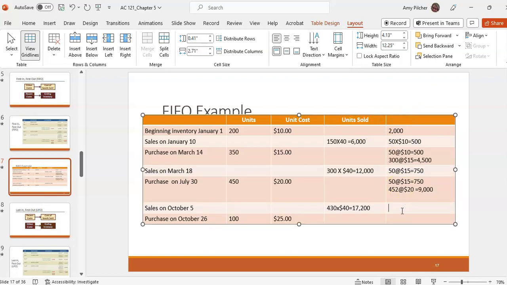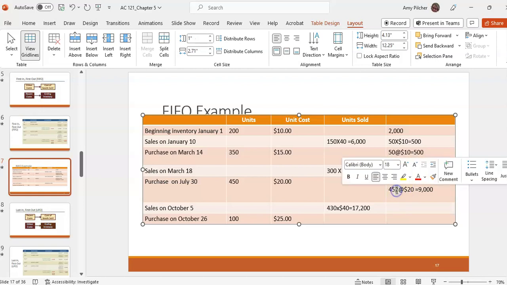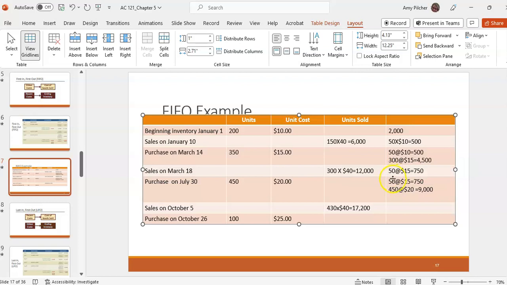After that sale, we sell these 50 first, so we don't have those 50 anymore. And then we sell 380, because 430 minus 50 is 380 of the $20 ones.